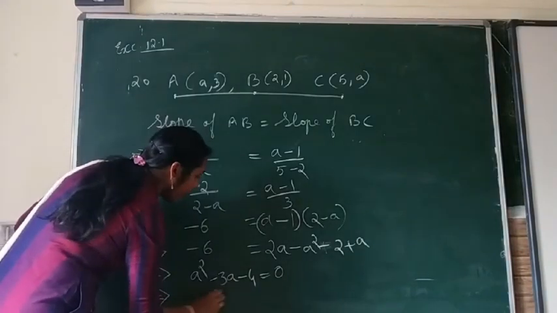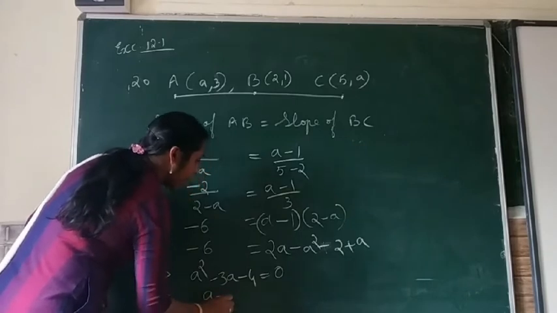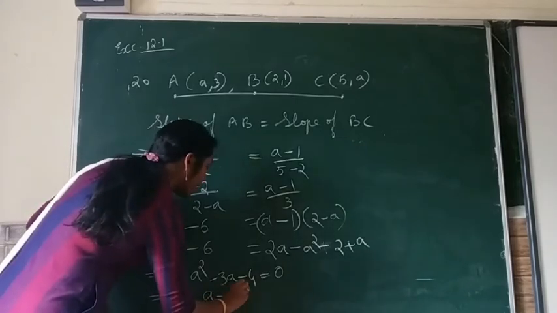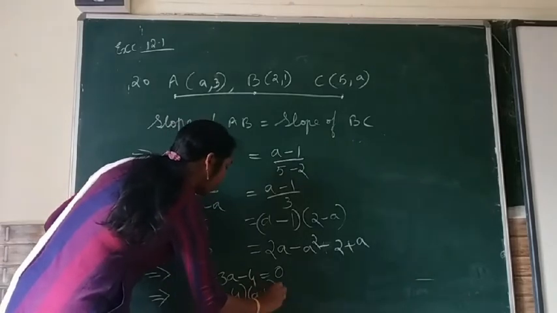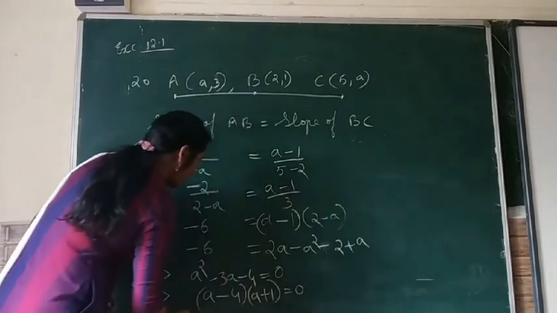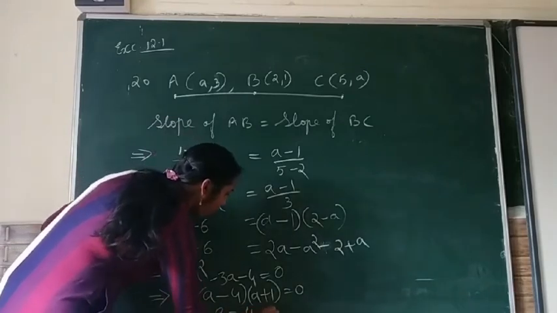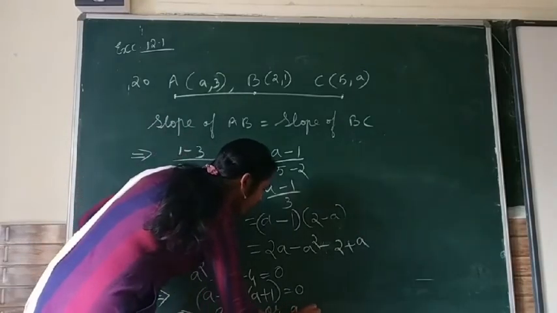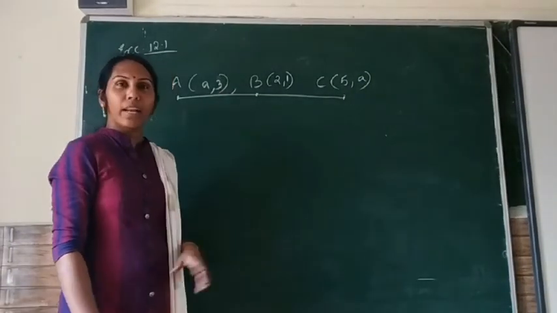Here it factorizes as a minus 4 into a plus 1 is equal to 0, which implies a is equal to 4 or a is equal to minus 1. So the values of a are 4 and minus 1.